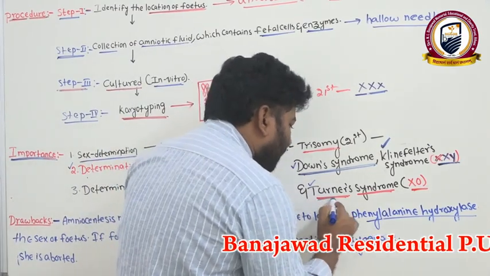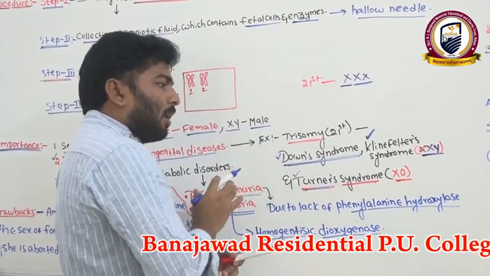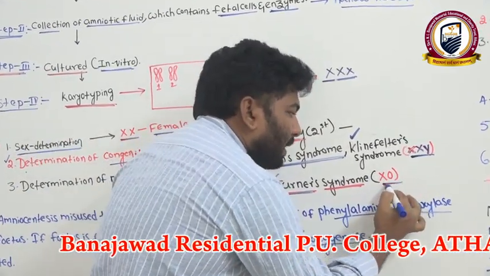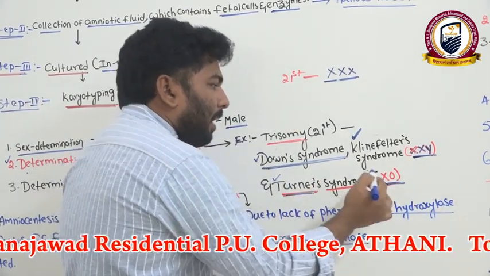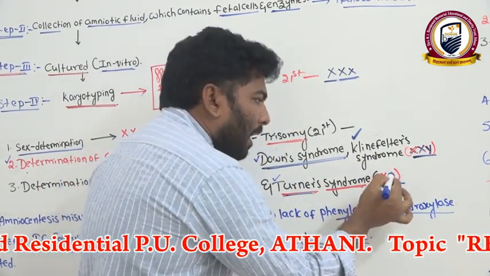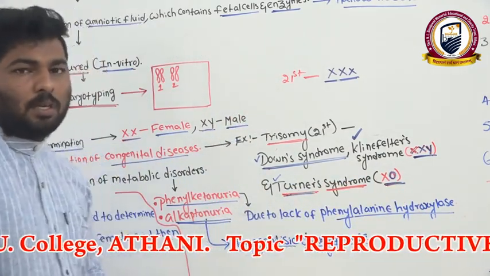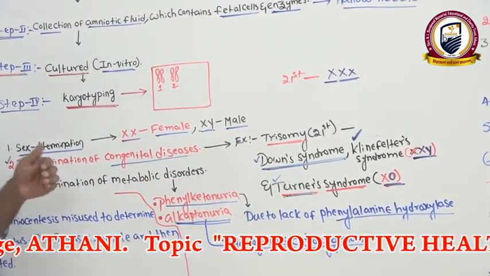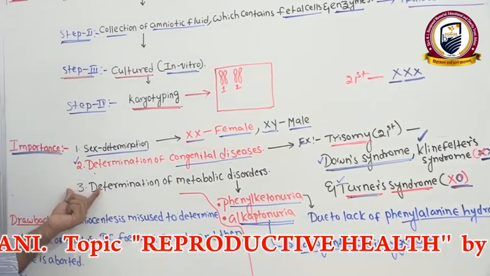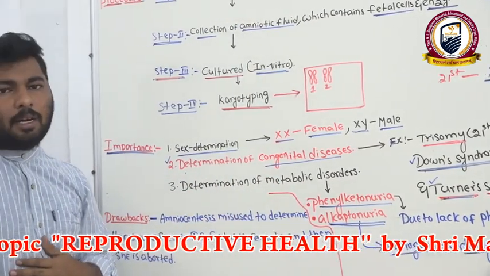And finally, the Turner syndrome. In the case of Turner syndrome, one X chromosome is less. In the female, two X chromosomes are there, but here, absence of an X chromosome leads to Turner syndrome. Now the final one, determination of metabolic disorders.